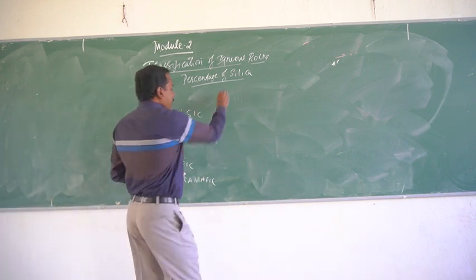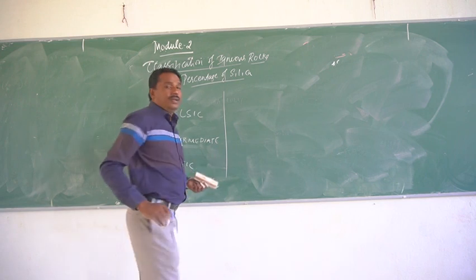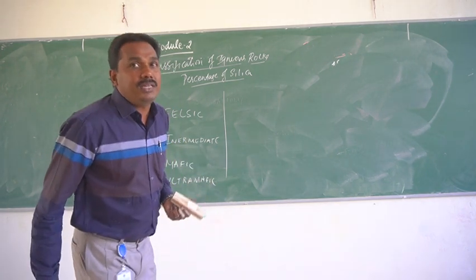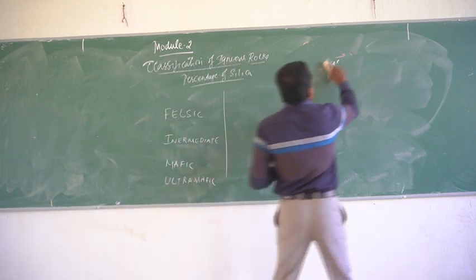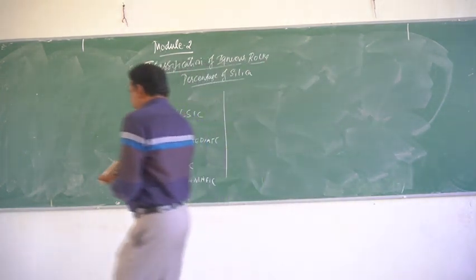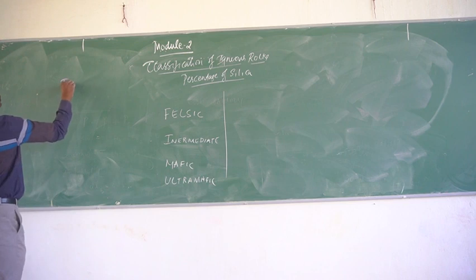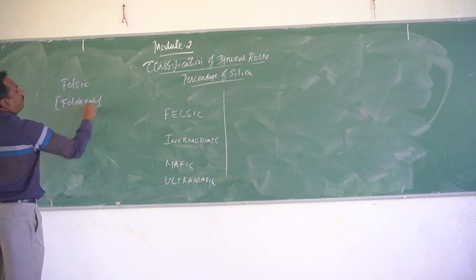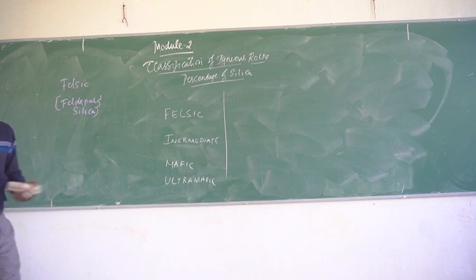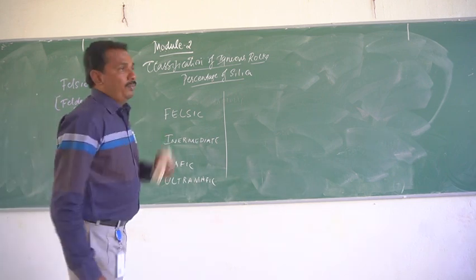This is the category with respect to the percentage of silica. Felsic means feldspar and silica. Feldspar is a mineral and silica is a mineral.